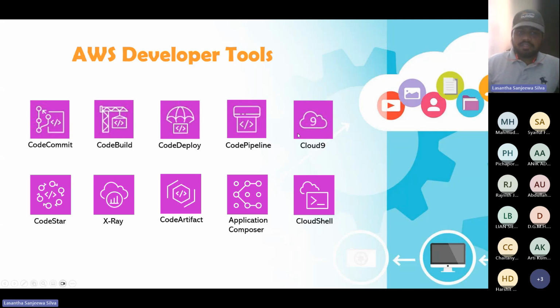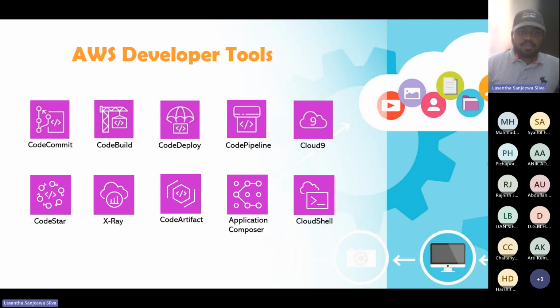It's a very good service because it's similar to VS Code or IntelliJ IDEA, but this one runs in the browser. It's a cloud-based integrated development environment that enables developers to write, debug, and test code in the browser. Next, CodeStar, a fully integrated development environment designed to simplify the setup of end-to-end continuous integration and continuous delivery pipelines.